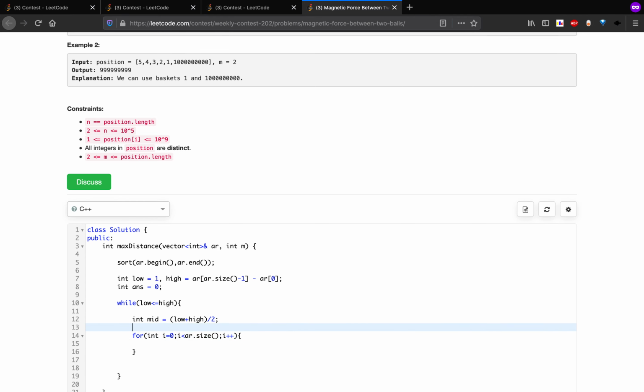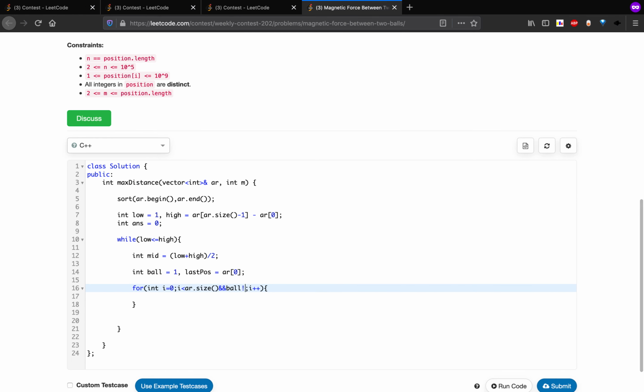Now our count of balls, if we put the ball at position 1, then our count of balls will be 1, and our last position will be the first position we put at, so ar 0. It can be the case that we were able to put more than m balls, right? So we just have to check only for m balls.